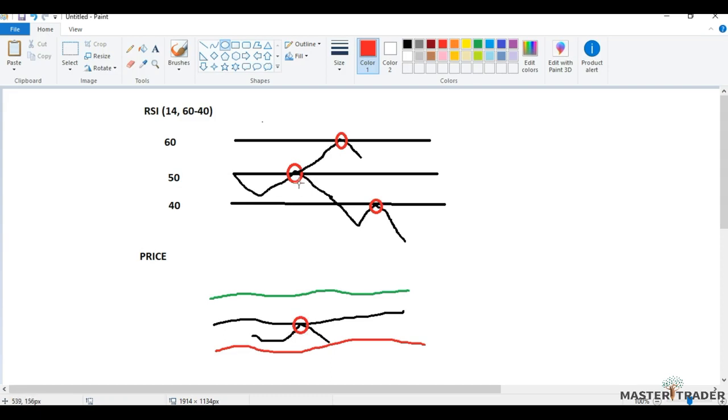Why? Because RSI was also bouncing here, and price was also taking resistance at the band, so we can go short there. Now let's say price goes up to the upper band and RSI is now taking resistance at the 60 level, and here you see, let's say, an inverted hammer like this. So this is a clear sell indication, and most likely price will go down.